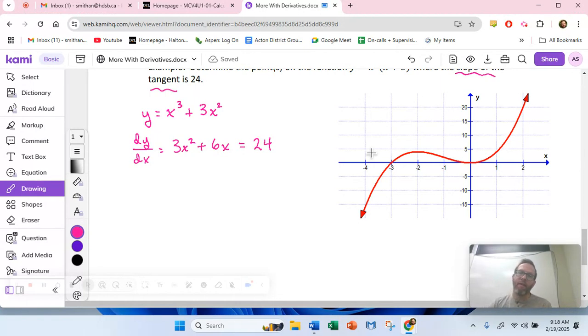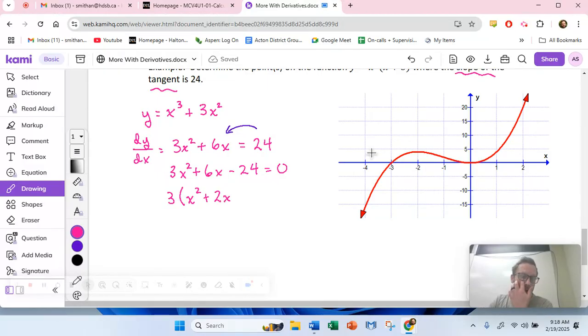There's a variety of techniques you can use. I'm going to solve this one by factoring. Everything needs to be on one side. You could use the quadratic formula if factoring is not your strong suit, but I'm going to factor.